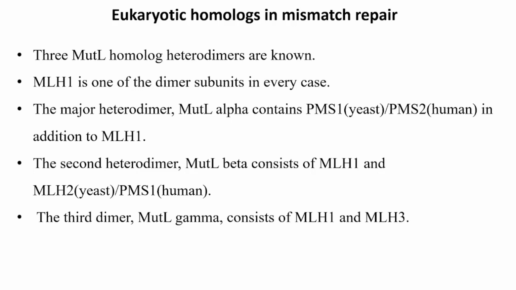The eukaryotic mismatch repair system is slightly complex with heterodimers present instead of homodimers, and this particular mismatch repair system is responsible for removing the mismatches that have been created during the replication process. With this, we come to an end of this lecture.